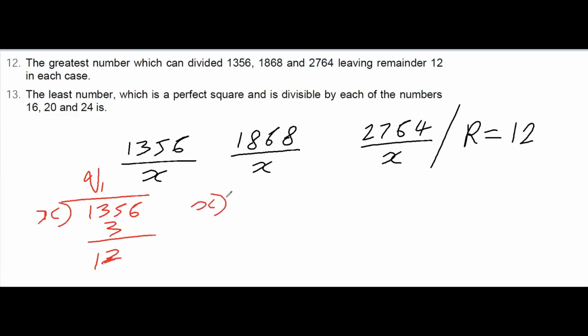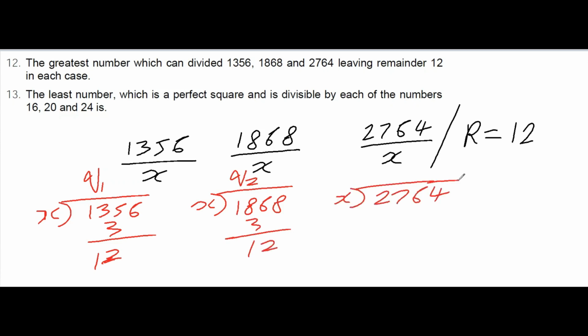Similarly here, x will be your divisor, 1868 will be the dividend, the quotient will be q2, and you will get remainder 12. Similarly over here, x, 2764, quotient q3 and remainder 12.